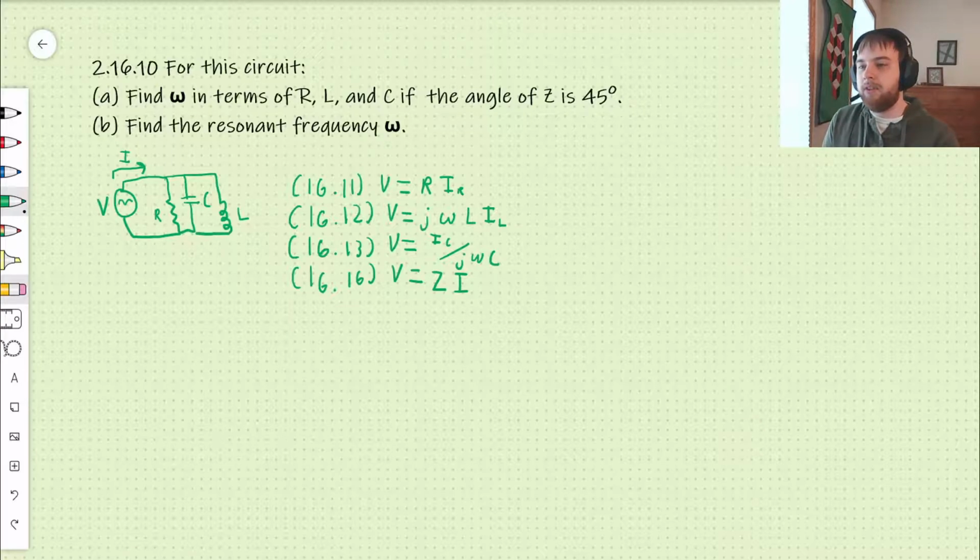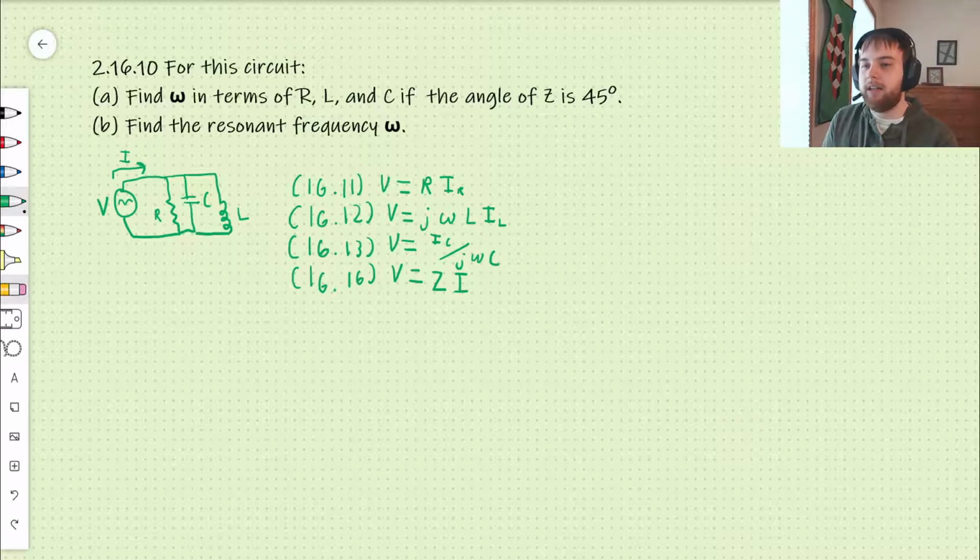Okay, since all three of these are in parallel, they all have the same voltage across them, but as can be seen, they all have different currents going through them. One thing that we notice is that since there are no other branches, the total current going through the system must be the sum of the current going through the resistor, the capacitor, and the inductor.